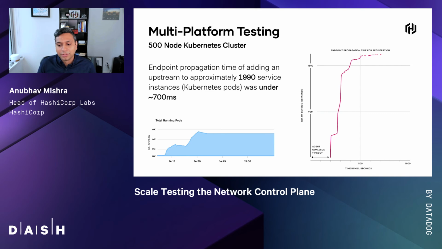And you can see the graph on the right, very similar to the graph you saw earlier. Time is in milliseconds on the x-axis, number of service instances on the y-axis. And then you can see the graph on the left, which is the total number of running pods. And this was generated using the Datadog dashboard for Kubernetes.